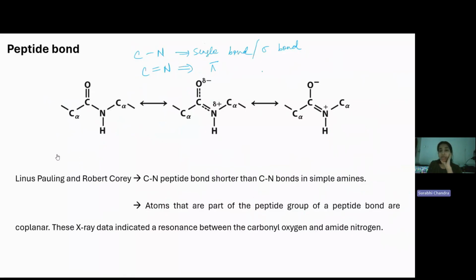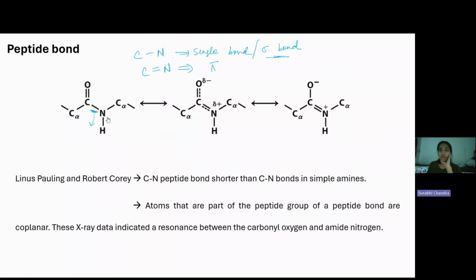If you look at this figure, this N has a lone pair, and this electron cloud will eventually get delocalized.